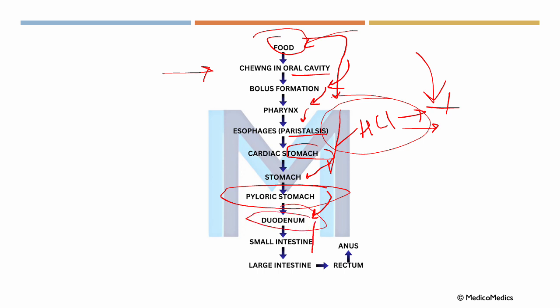It then continues through the jejunum and the ileum down to the large intestine. In the large intestine, we had the ascending colon, the transverse colon, and then the descending colon, finally arriving at the rectum and finally at the anus, ready to get excreted from our body.